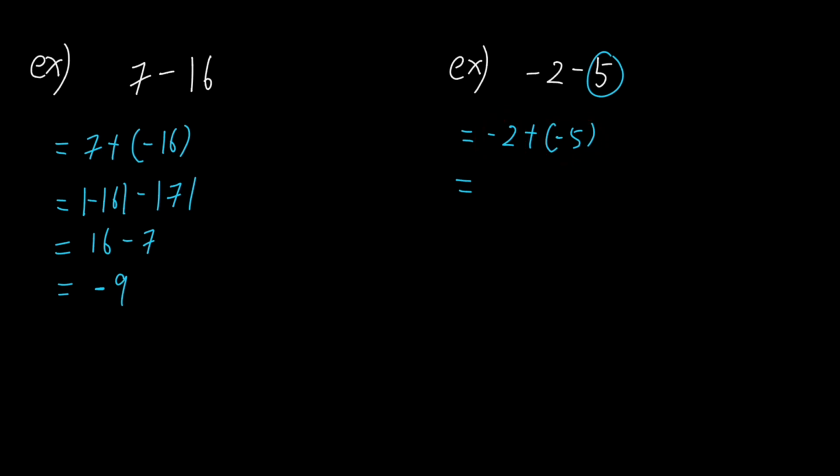Our formula will be the absolute value of negative 2 plus the absolute value of negative 5. Just to remind you, we use addition of absolute values here because we have the same sign, both negative.